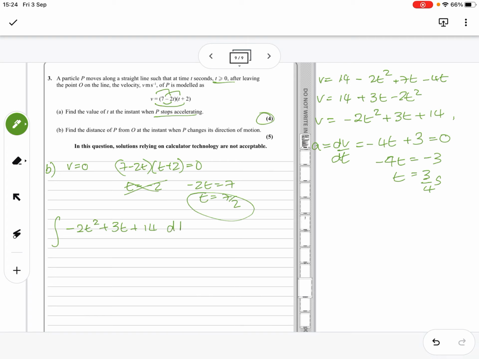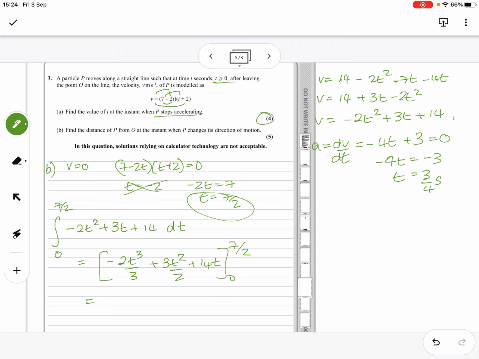We're going to integrate that with respect to t, between 0 and 7 over 2. Okay, so we integrate that and we increase the power by 1. So we've got minus 2 over 3 t cubed plus 3t squared over 2 plus 14t plus c, but given it's between 0 and 7 over 2, that doesn't matter.